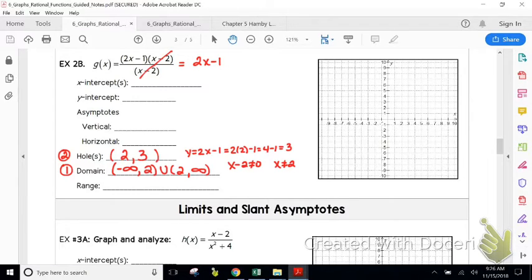So let's go through and do our vertical asymptotes. Do I have any uncanceled factors left in the denominator? That's not in the denominator, that's from the numerator. No, we don't. So that means there's no vertical asymptote. Horizontal asymptote. How do we find that?